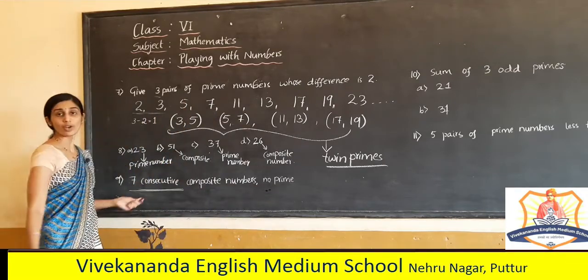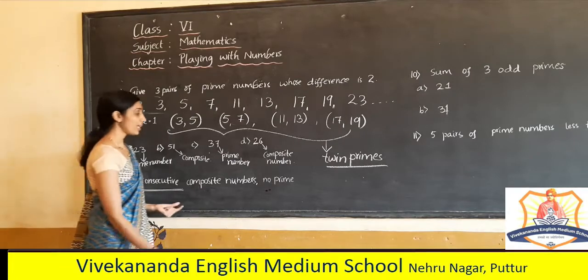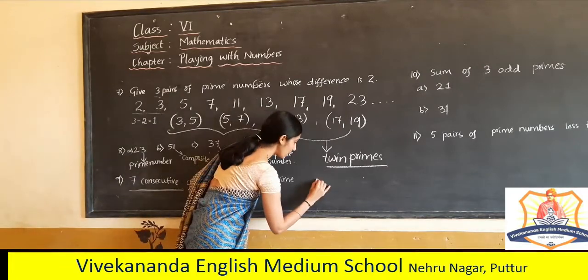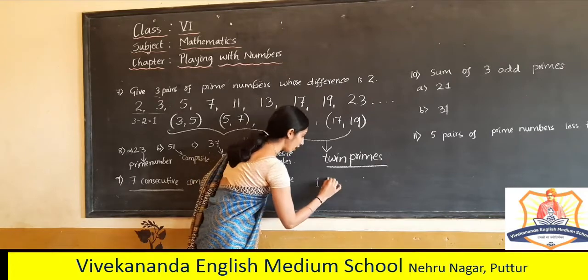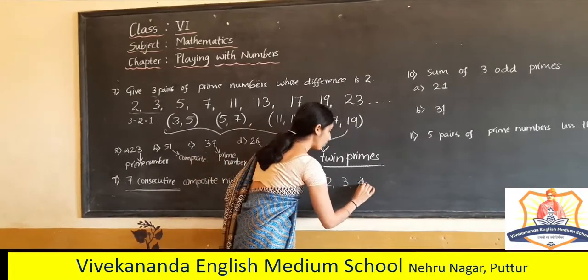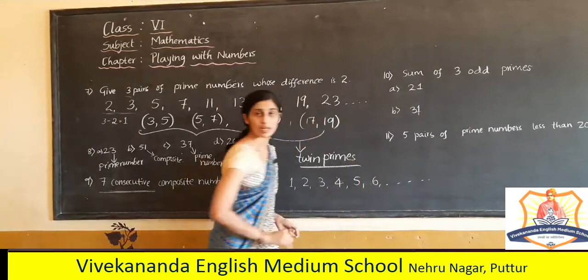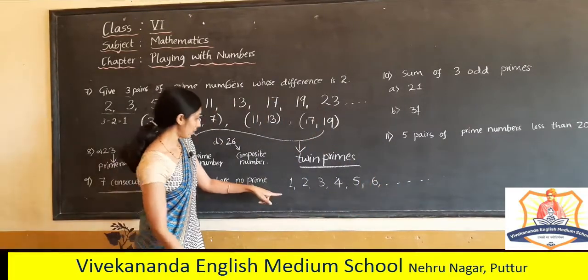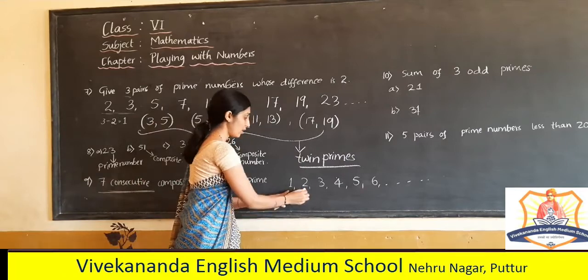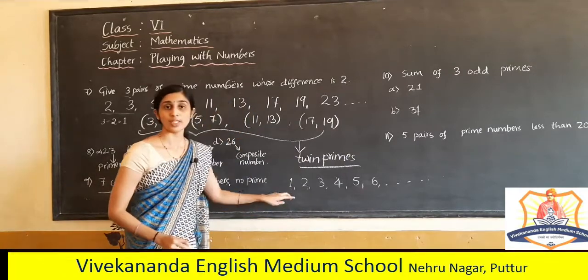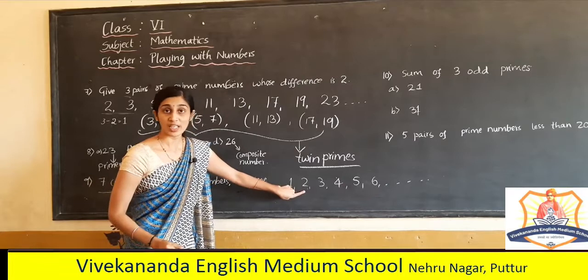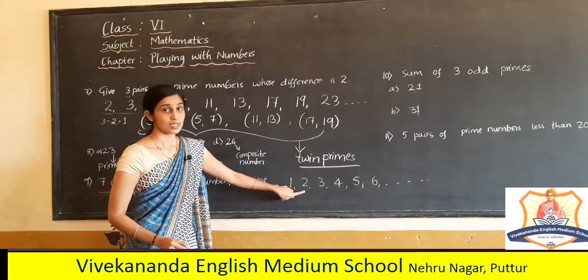What do you mean by consecutive? See, I'll write the set of natural numbers now. Natural numbers start from 1, 2, 3, 4, 5, 6, continuous. Right? So here, if I consider these two numbers, they are consecutive natural numbers.